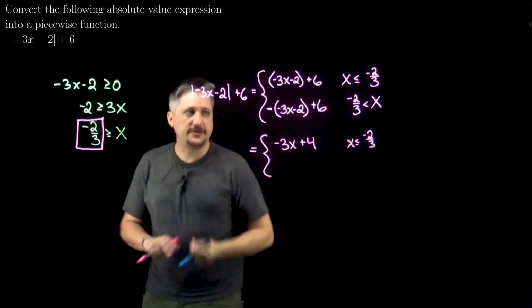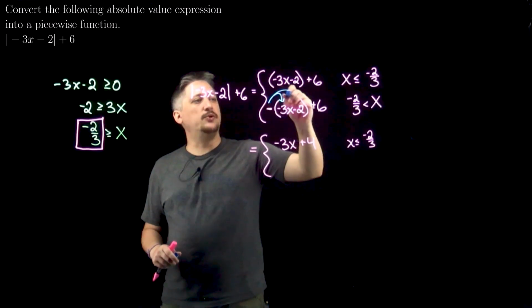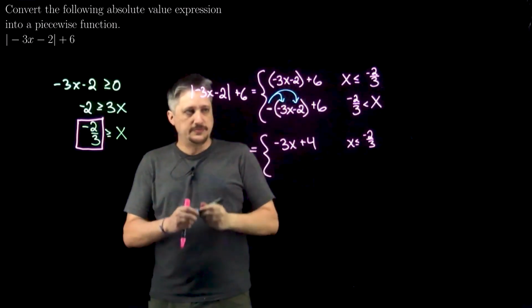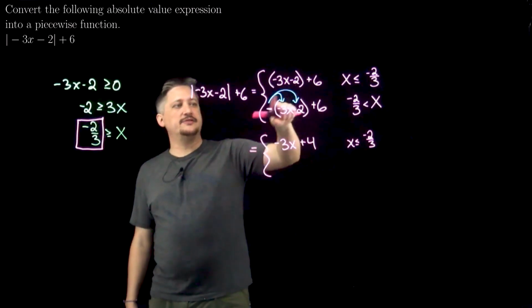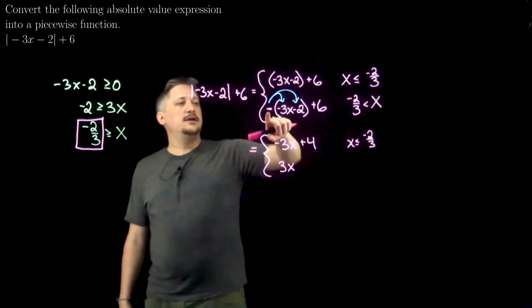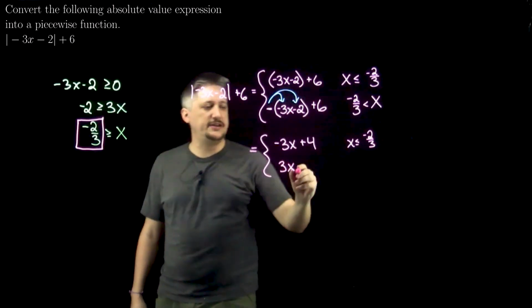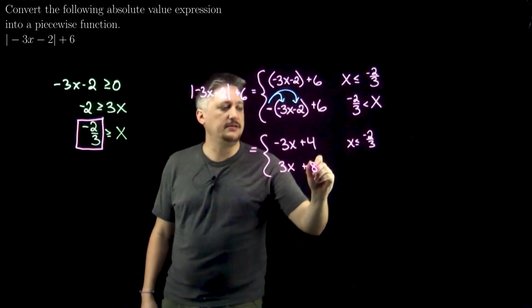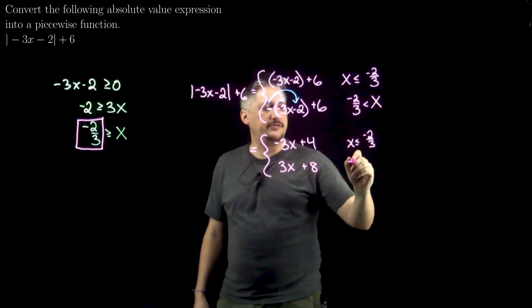So I have to be careful, because this is really a -1, so I'm going to multiply it against both things. So that means that the -3x times -1 becomes +3x, and the negative times -2 becomes +2. +2 plus 6 is 8, so this becomes +8. And this is when x is greater than -2/3.